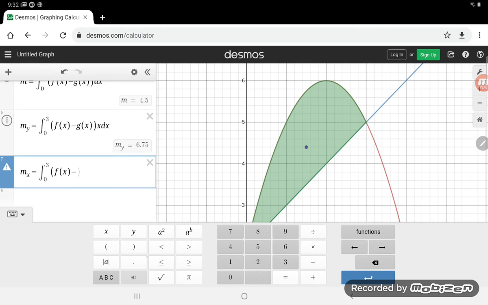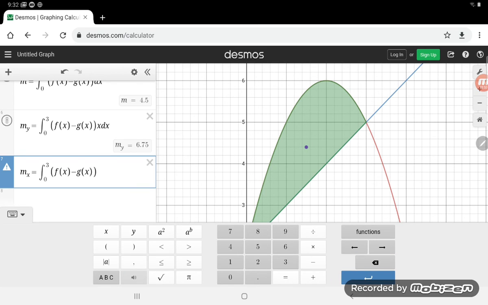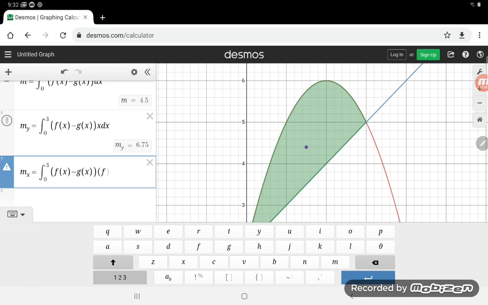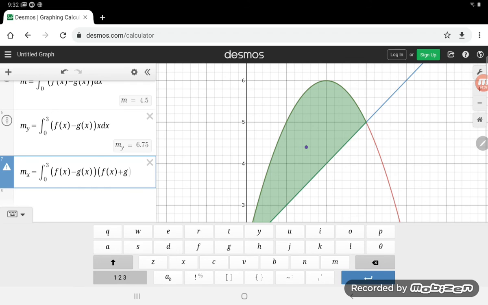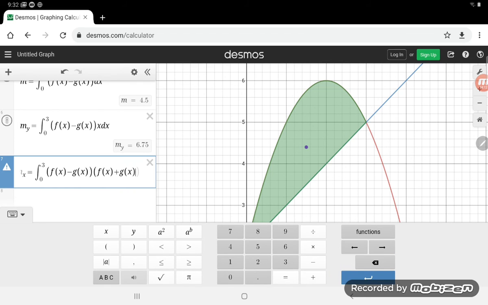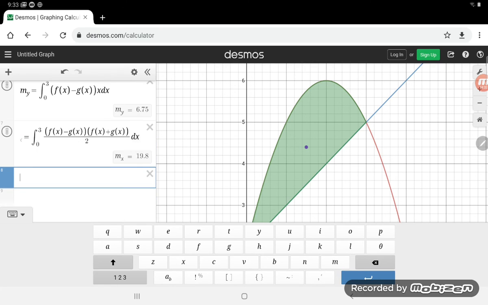So f of x minus g of x. Okay, and then times our distance, which was the average of the two, so f of x plus g of x, and close that off and divide by 2. Okay, and then dx. And it says 19.8.